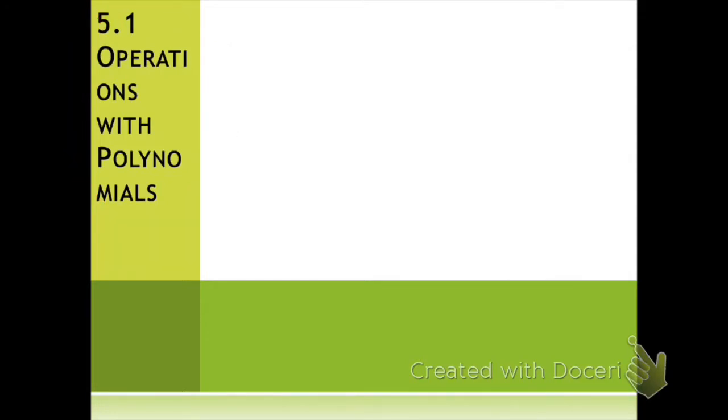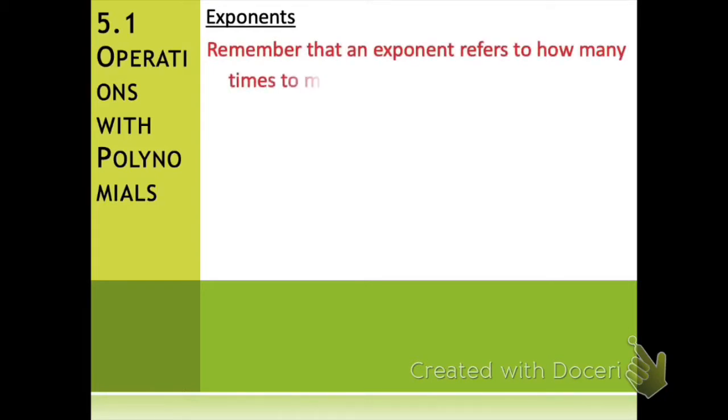All right, the first thing we're going to start with in this unit is some background information about exponents. Yay, exponents. So, remember that an exponent refers to how many times to multiply the base by itself. For example, if I take 3 and take that to an exponent of 4, we say 3 to the 4th power.